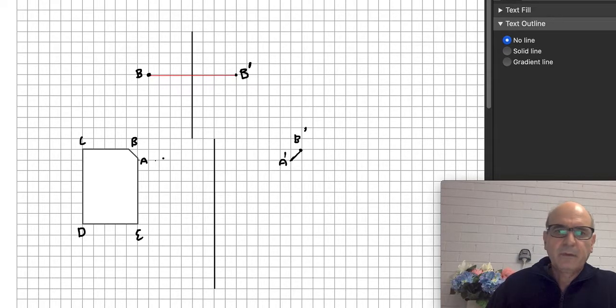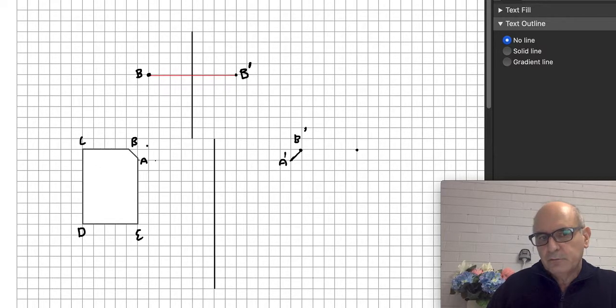So then for C, it is going to be 1, 2, 3, 4, 5, and plus 7. 12 units on this side. So C dash will be here, because C was 12 units to the left.